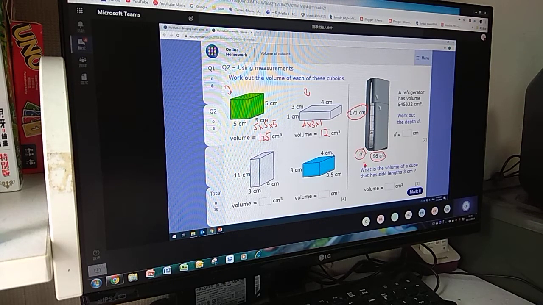We have to find out the D. Remember the volume should be the height times the width times D, which will be equal to this one, 5458V2. So D will be equal to 5458V2 divided by 171 divided by 56. So actually it's very simple questions.